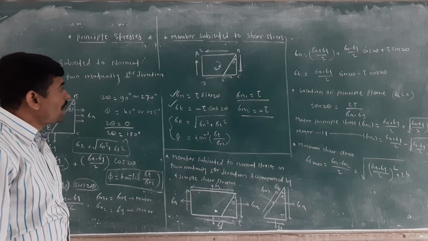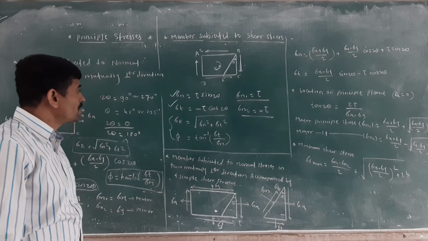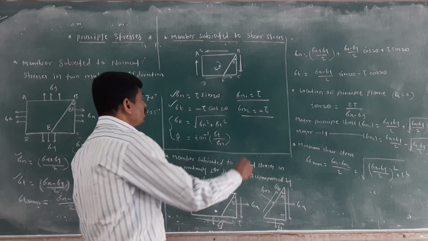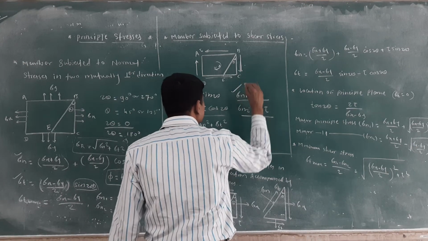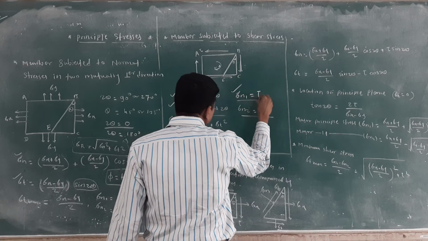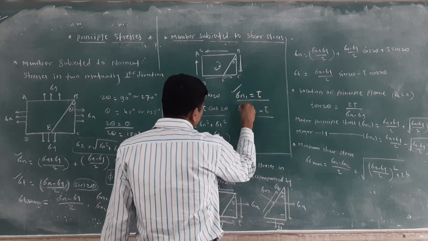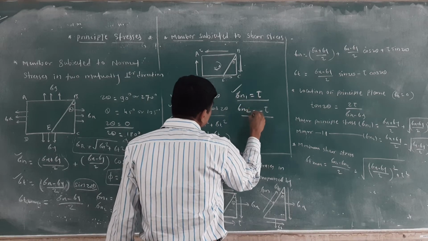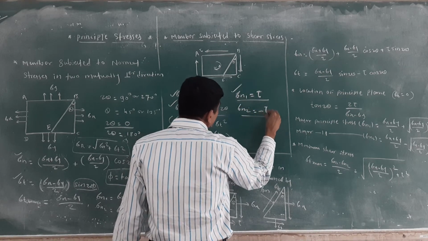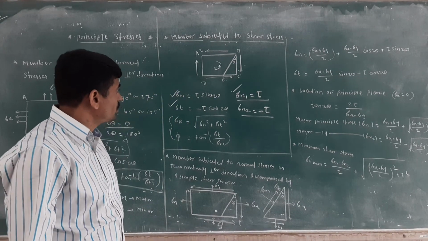Then how to calculate the major as well as minor principal stress? You will get the major principal stress sigma n1 equal to the tensile shear stress, and sigma n2, the minor principal stress, you will get as the compressive shear stress.